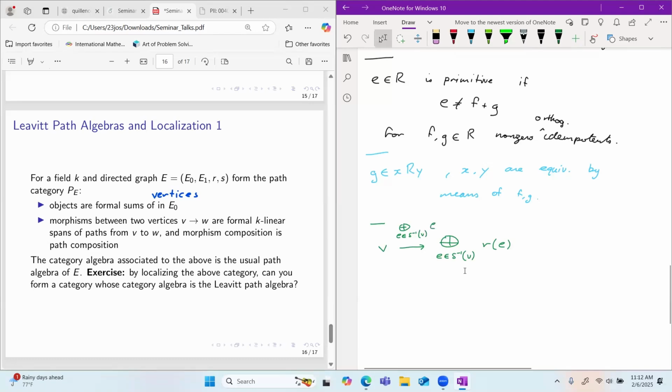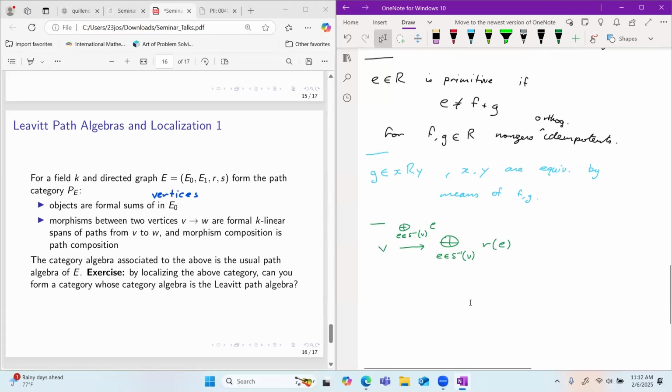Recall that an edge is a path of length 1, and this path is a path from V to whatever comes out of V. So this is a well-defined morphism.